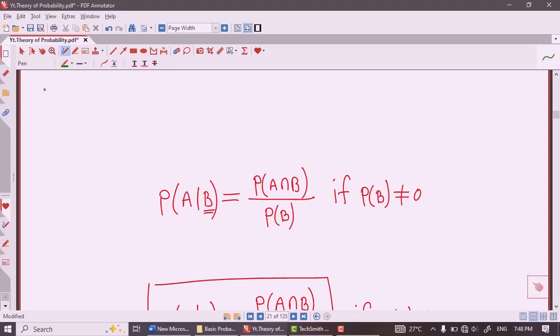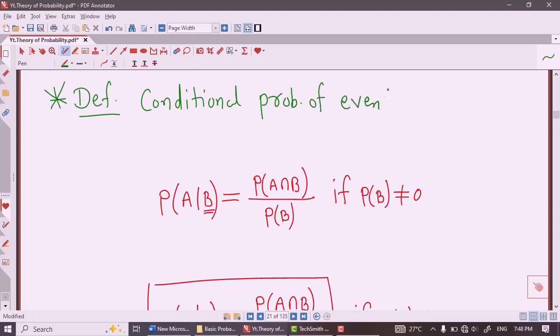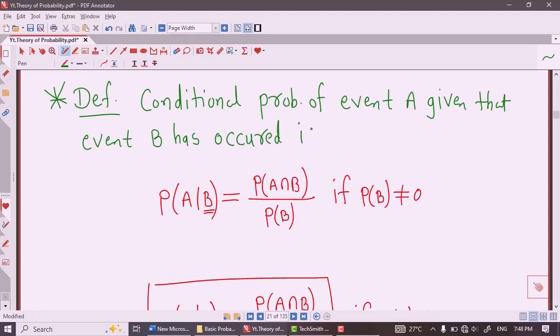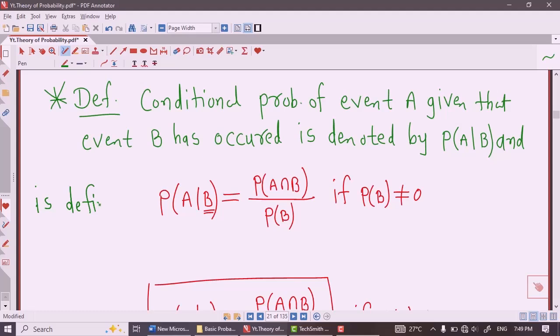You can write systematically. Suppose we want to write down the definition of conditional probability, then we can write that conditional probability of event A, given that event B has occurred, is denoted by probability of A given B, and is defined by this formula for conditional probability.